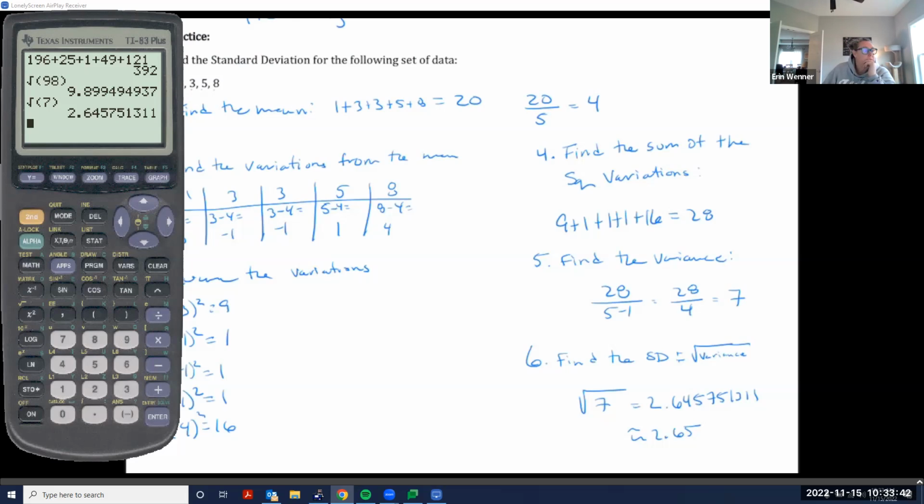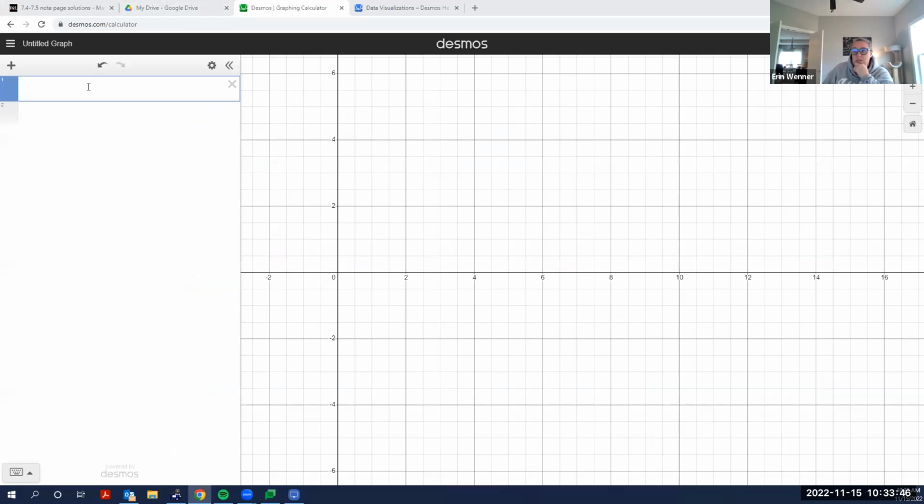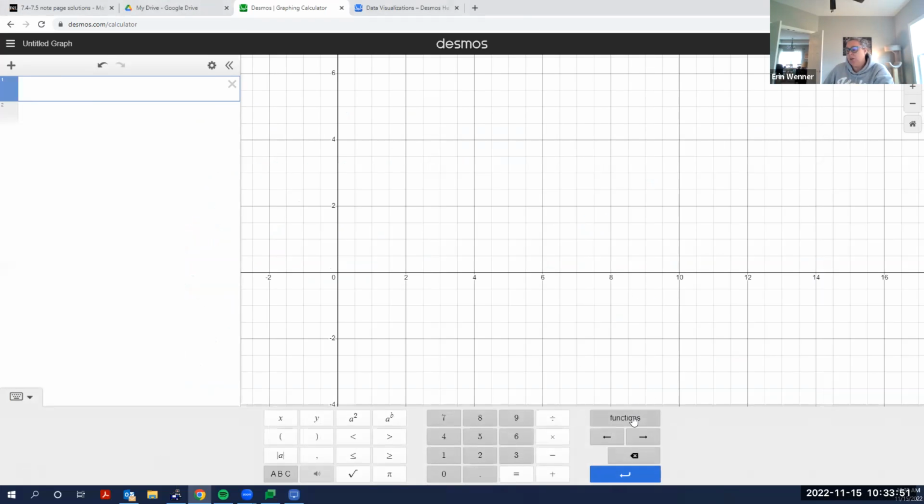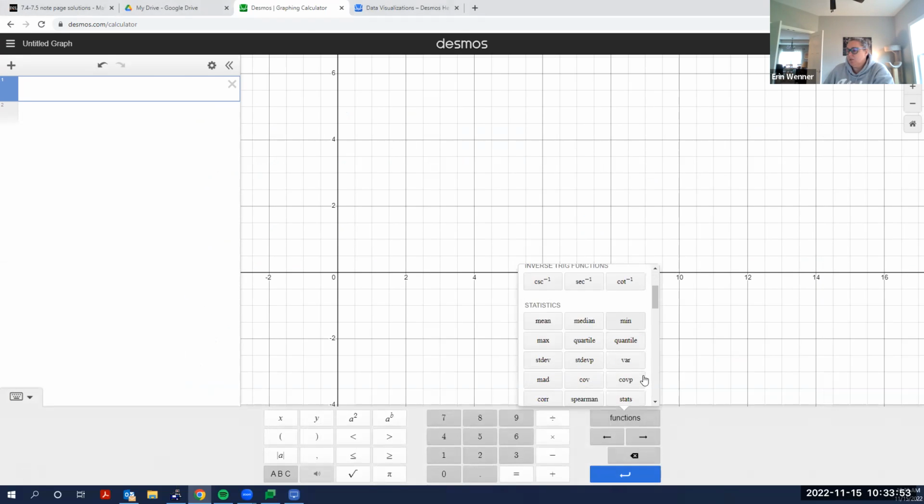So if we go to Desmos, we're going to go down here to show keypad. We're going to go to functions, and scroll down to under statistics. Remember, we talked about mean, median, and then you can see this STDEV, which means standard deviation.